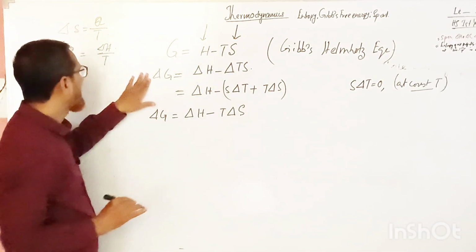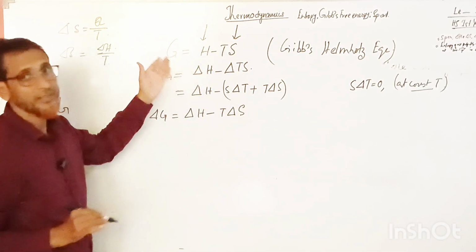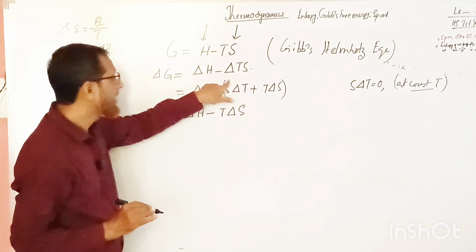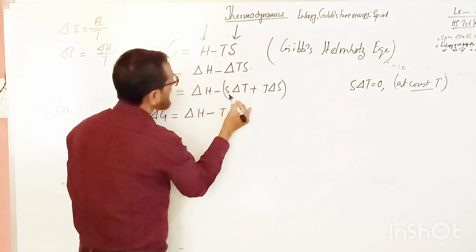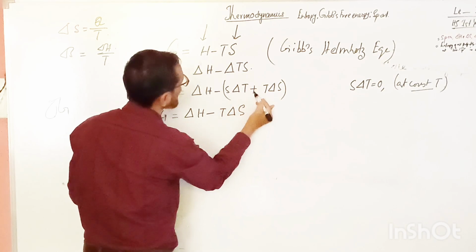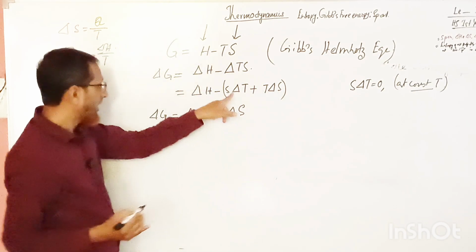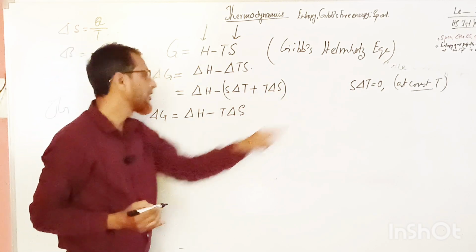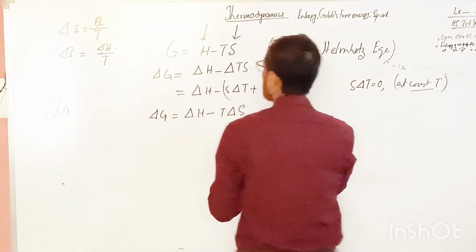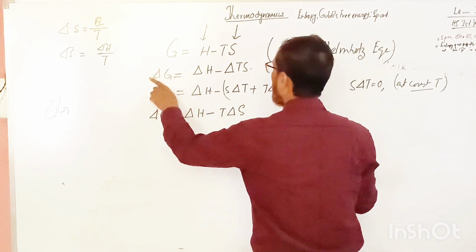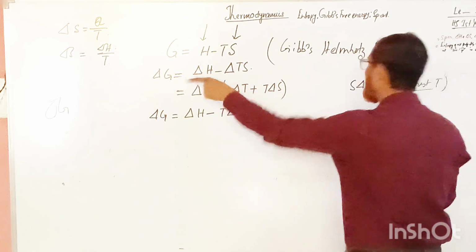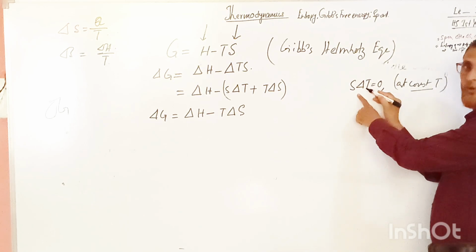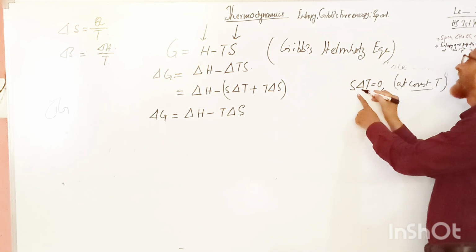Differentiating this, del G is equal to del H minus del of TS, and del of TS may be written as S del T plus T del S. Del G is always at constant temperature, so the change of temperature T1 to T2 is equal to 0, so S del T is equal to 0.